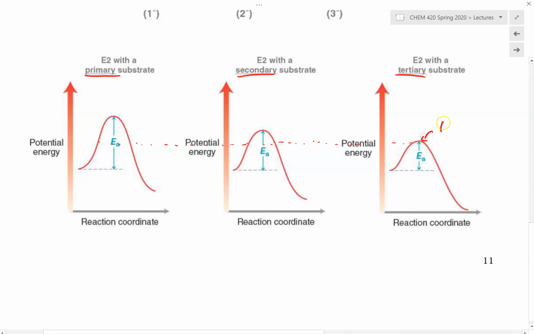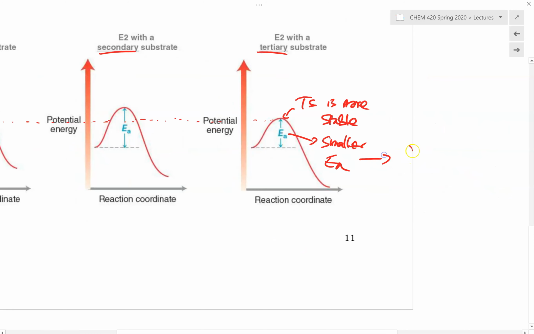So in this case, the transition state is more stable when we have a more bulky substrate, and therefore has a smaller activation energy and therefore a faster reaction rate.